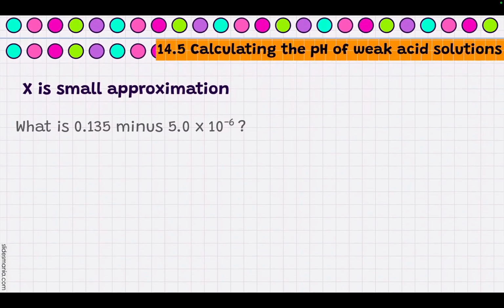So here's just an exercise. If I said, what is the difference, subtract 5.0 times 10 to the negative 6 from 0.135. I think it's helpful to take this out of scientific notation.